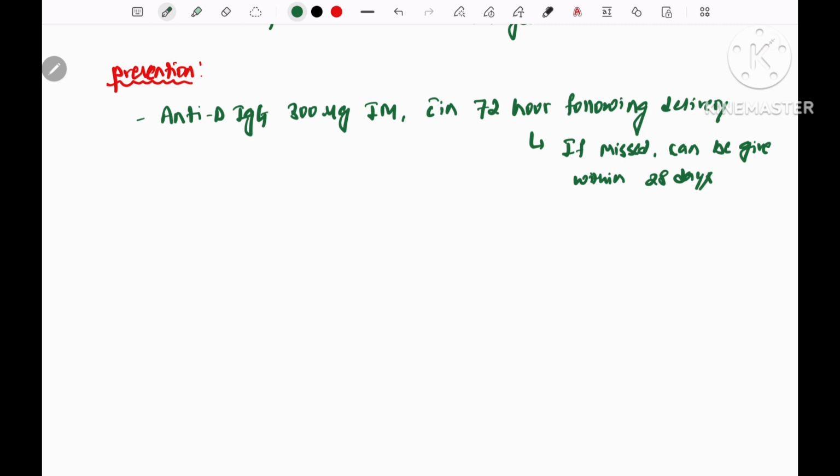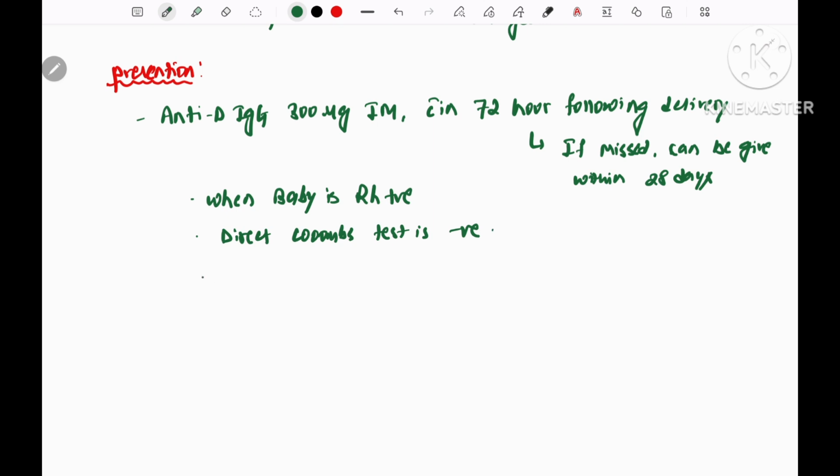So who are the females who will get this anti-D injection? What are the conditions? When the baby is Rh positive, when the direct Coombs test is negative, and when the baby's Rh condition cannot be determined.